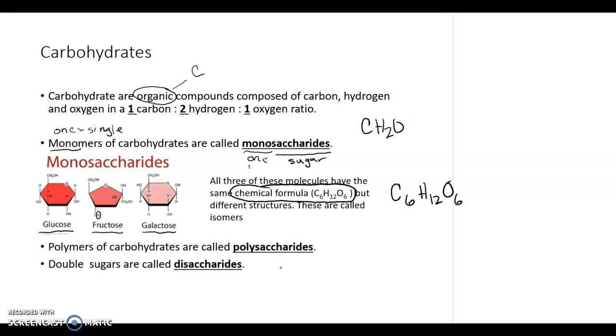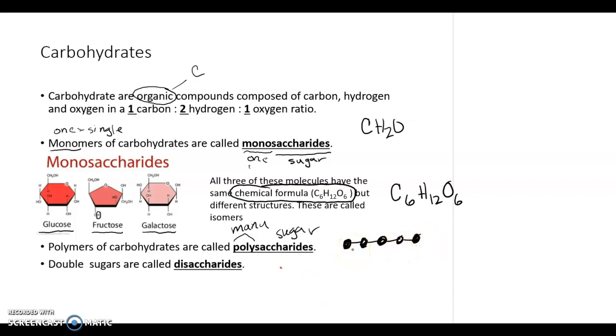their arrangement. When these monosaccharides or subunits join together, and we have poly or many sugars, we call them polysaccharides. So for example, if I were to join glucose to glucose to glucose to glucose to glucose, I would end up with many glucose, so many monomers bonded together.